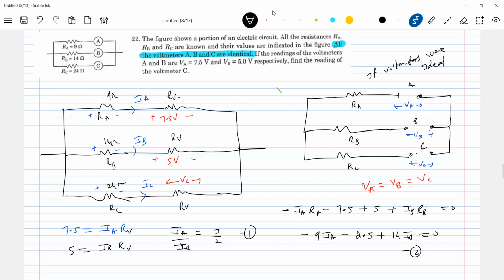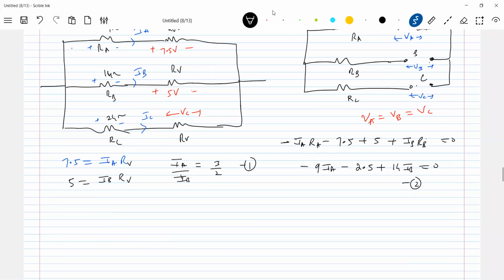Then one more loop equation: minus IB into RB, minus 5, plus VC, plus IC into RC equals 0.